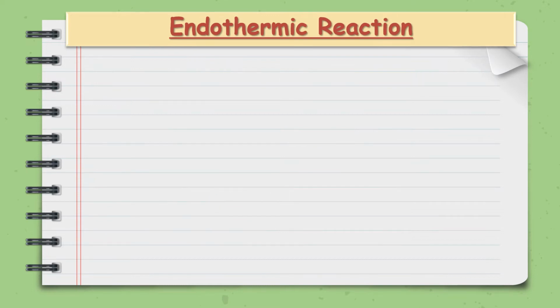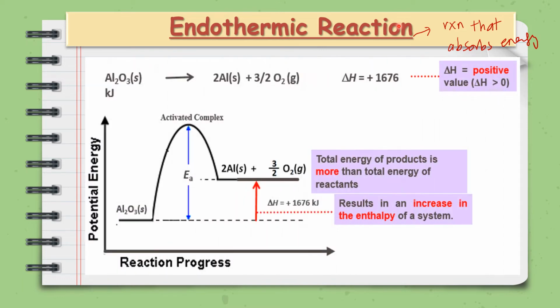Now, endothermic reaction. Before, I just told you that an endothermic reaction is a reaction that absorbs energy. When we say that it absorbs energy, how can we use this information to start drawing our energy profile diagram?